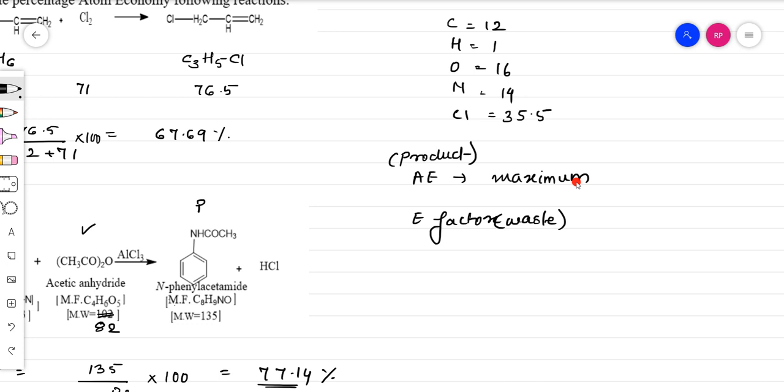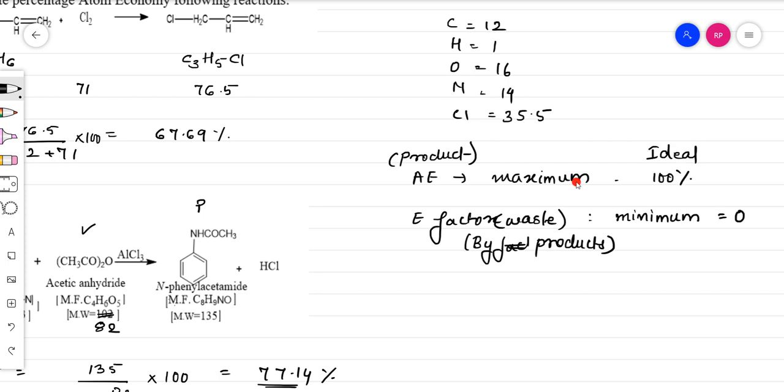E factor is related to waste, so E factor should always be minimum. In E factor, we always consider the weights of byproducts. Remember this. And in atom economy, the products. The ideal atom economy is 100%. Ideal E factor is 0. This is the difference.